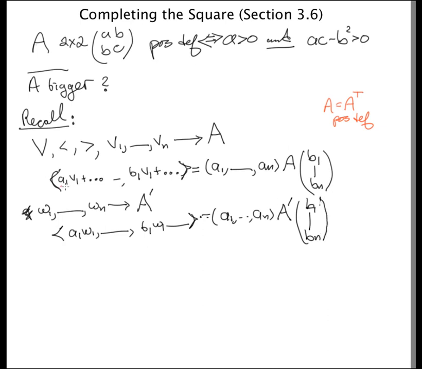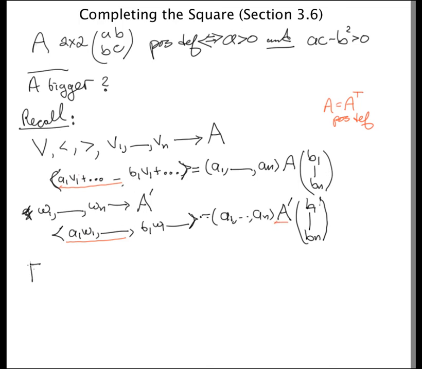Well, this vector, which is this linear combination of the V's, and this vector, which is this linear combination of the W's, even though they both have the same coefficients, the A's, since this involves V's and this involves W's, these two vectors are not equal. And similarly, these two vectors are not equal. And we're taking the inner product, and so obviously there's no reason for this inner product to be equal to this one, so it's obviously some different matrix A prime.